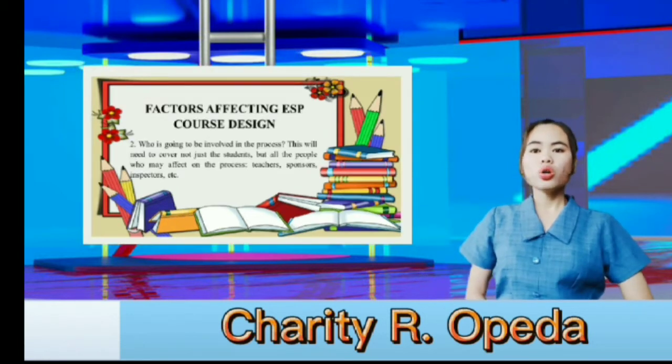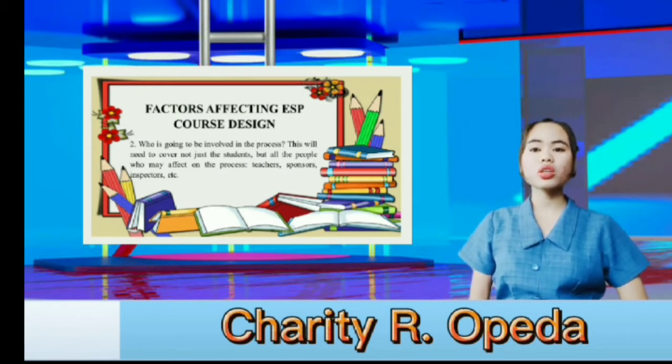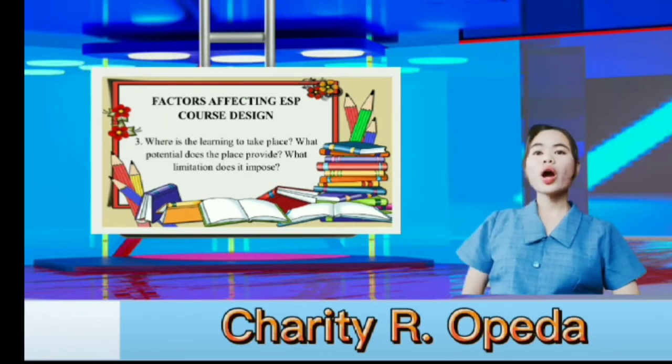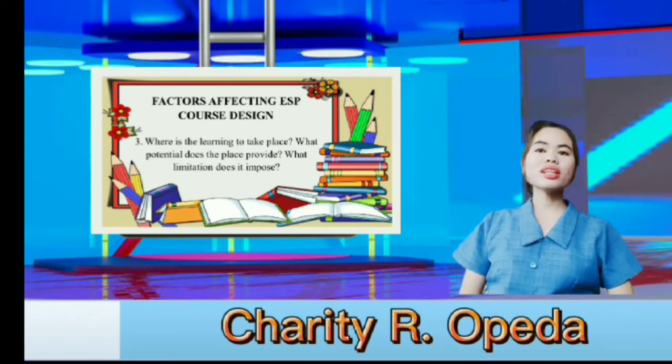Second, who is going to be involved in the process? This will need to cover not just the students but all the people who may affect the process: teachers, sponsors, inspectors, and others. Third, where is the learning to take place? What potential does the place provide? What limitations does it impose?